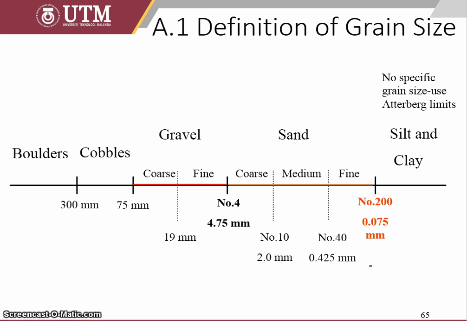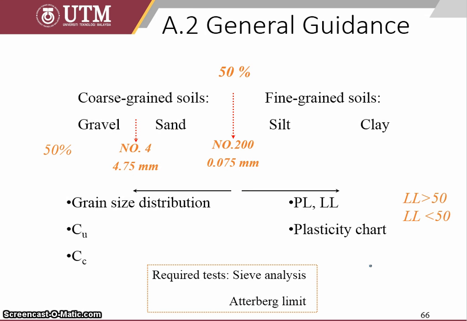Okay, clear about that. So next, the USCS classifies the soil using the percentage of 50%. If more than 50% is coarse grain soil, it will follow this side. If 50% is finer grain soil, we start to follow this side.